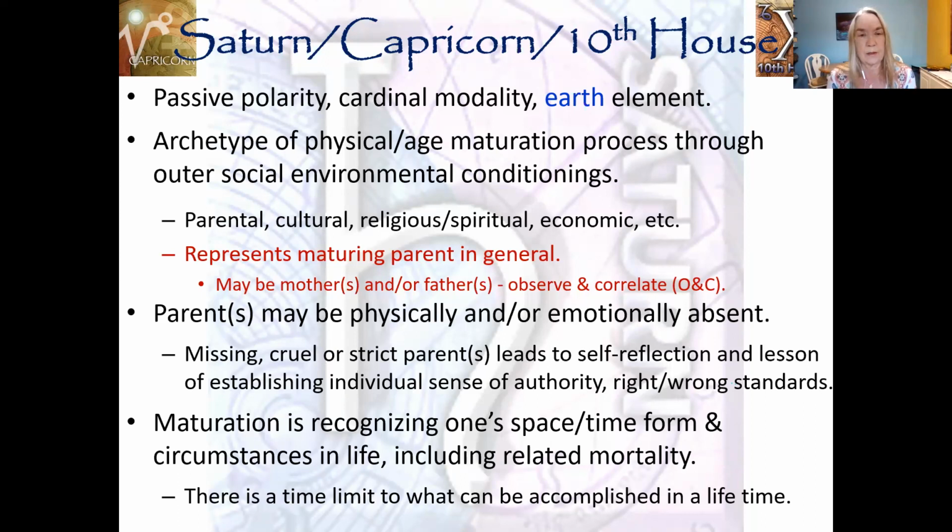Here again, parental, cultural, religious, economic, etc. So in general, this represents the maturing parent, the parent who teaches us how to mature beyond our early nurturing environment. And one more time, we've got to observe and correlate, because in today's world, we can't make any assumptions that this is going to be the father.